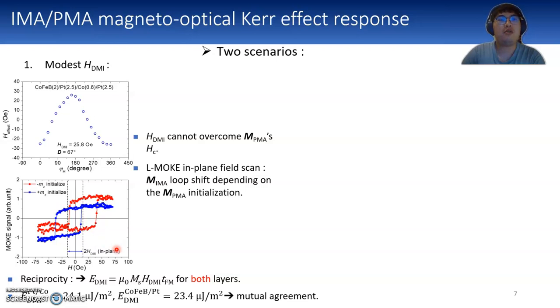Furthermore, we can quantify the DMI interaction energy density with the following equation, plugging in the IMA's effective field and the PMA's ferromagnetic data, and we found good mutual agreement between these two magnetizations, as expected, since they are both mediated by the same interlayer interaction.